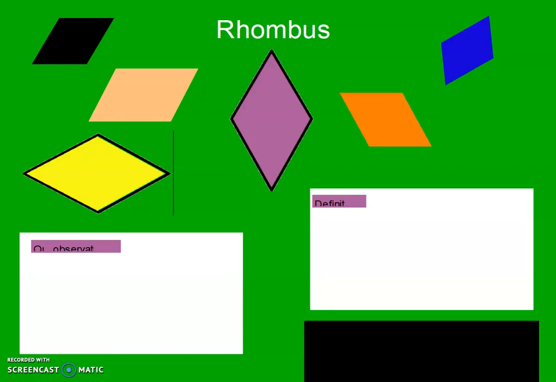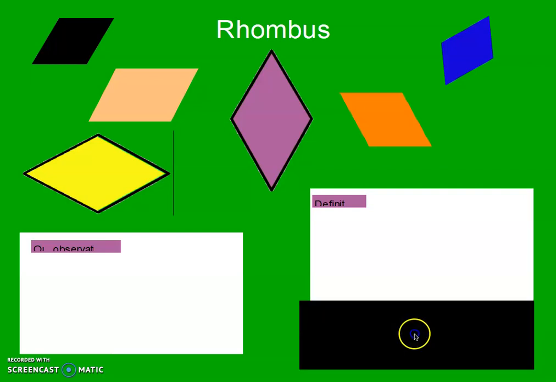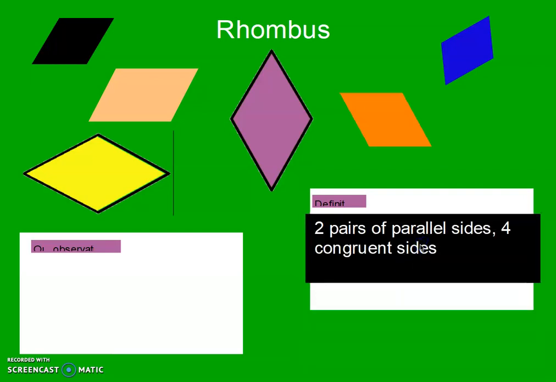A rhombus, what do you notice about these? This has 2 pairs of parallel sides and 4 congruent sides. So a rhombus is a special type of parallelogram because it has opposite sides parallel, meaning they never touch and are the same length. But rhombuses are special because every single side of a rhombus is the same length.